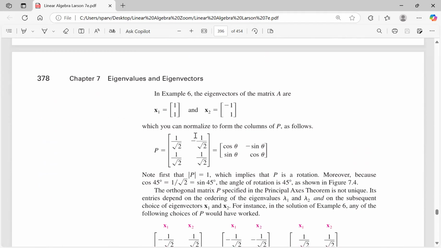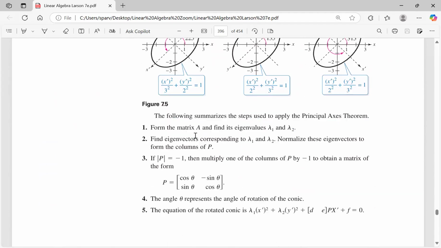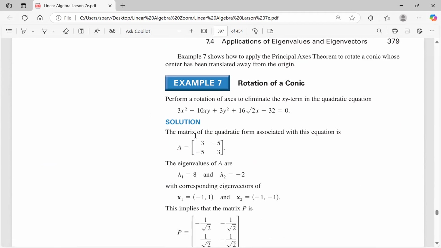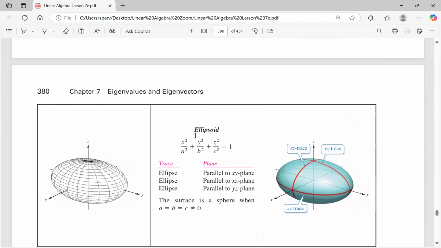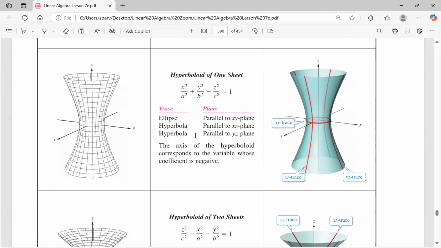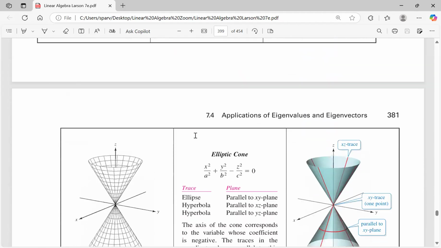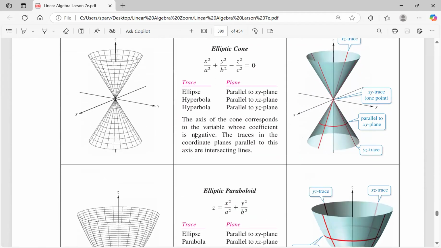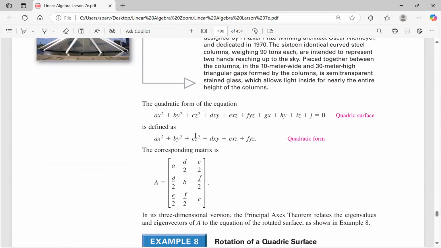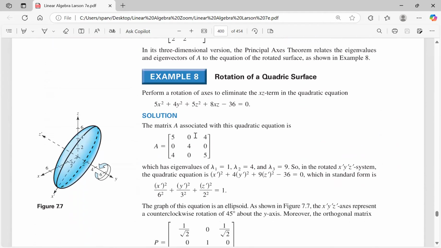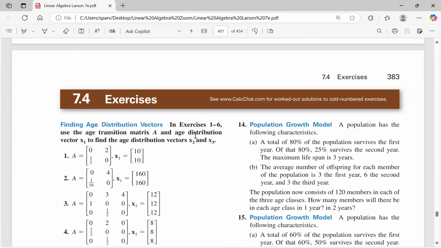We're going to skip these. Rotation of a conic. This is an application to third semester calculus. I'm going to skip these, and we're going to stay with the differential equations. And there you go. So we're going to the exercises.